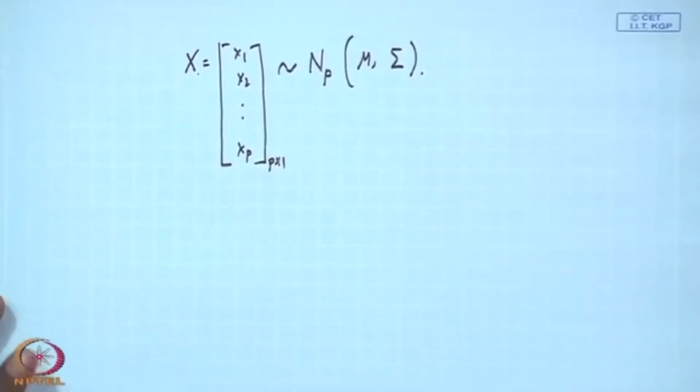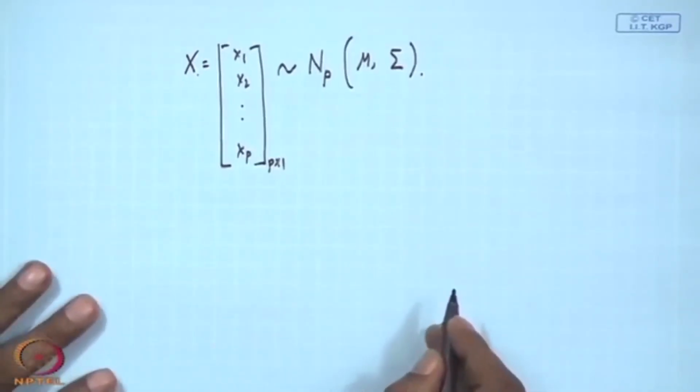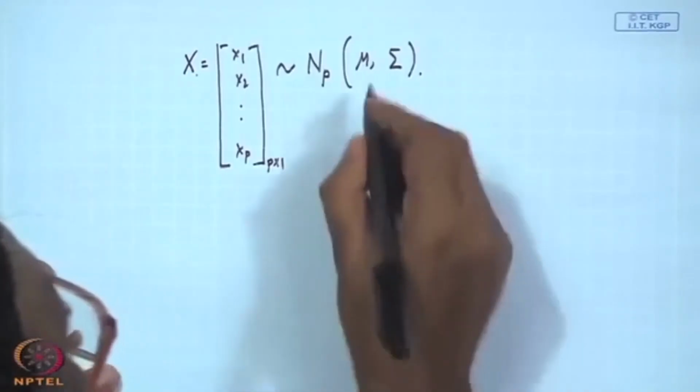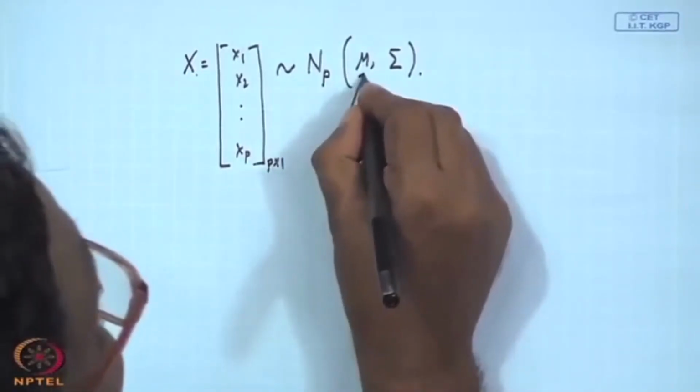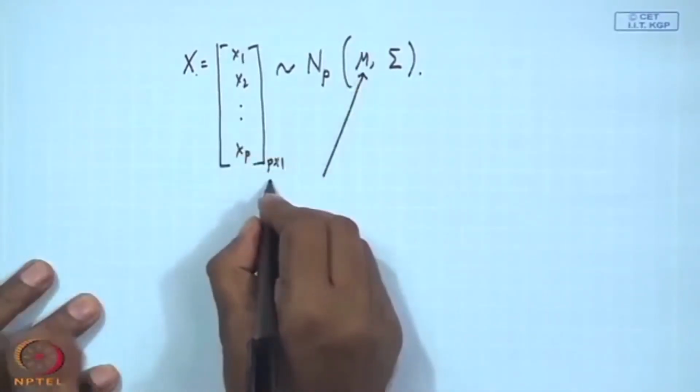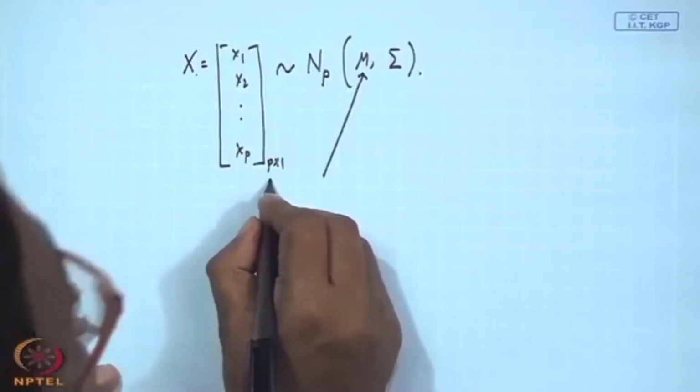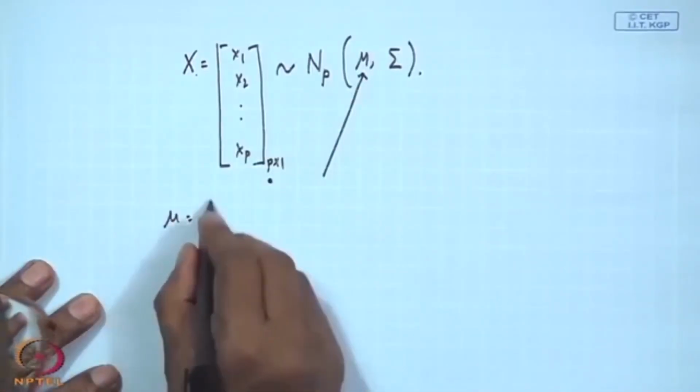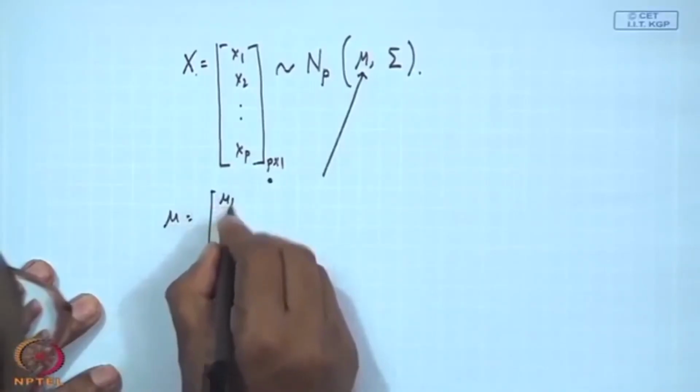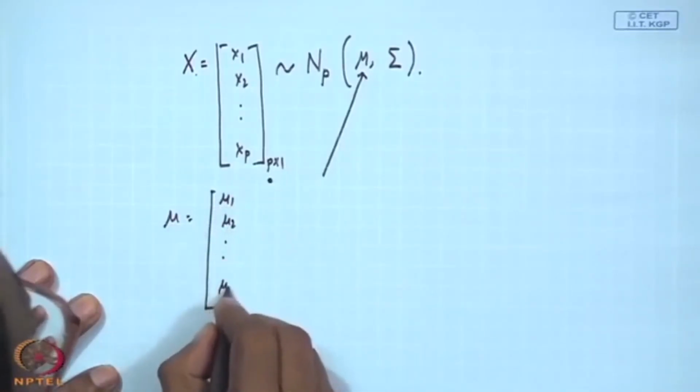You are well accustomed to the nomenclature: mean is the mean vector. If there are p variables, then my mean is again p cross 1: mu 1, mu 2, up to mu p.